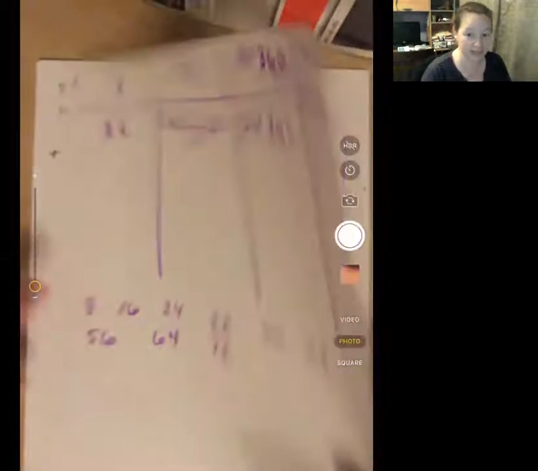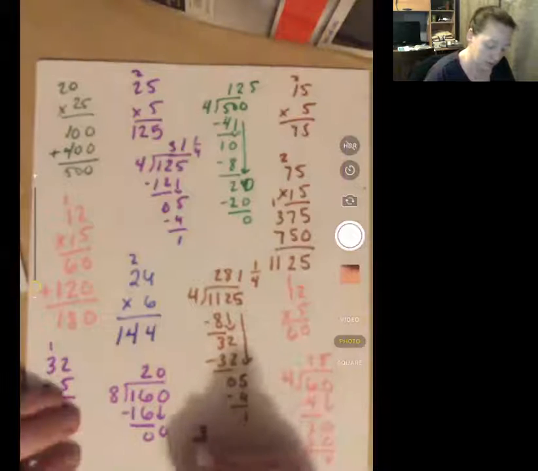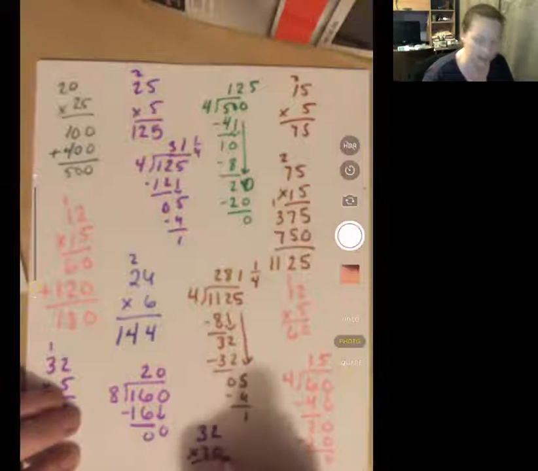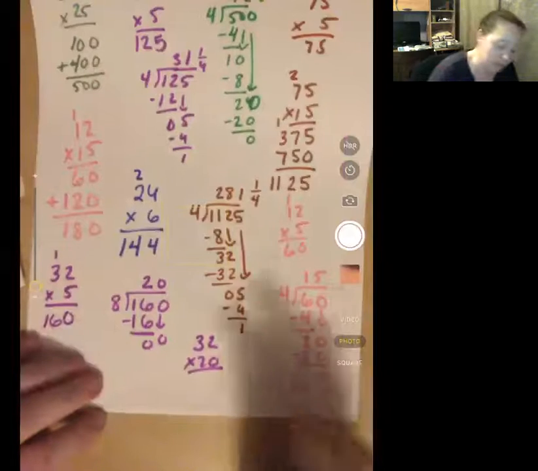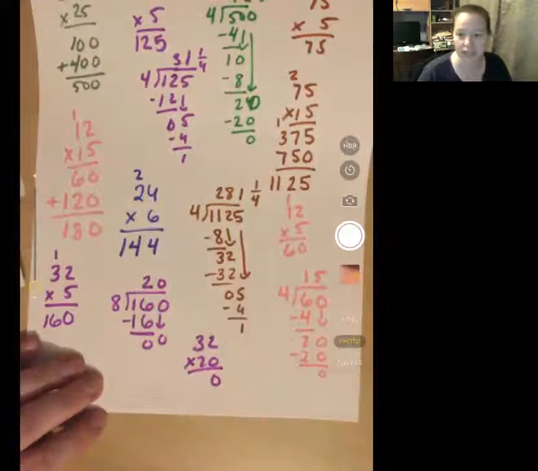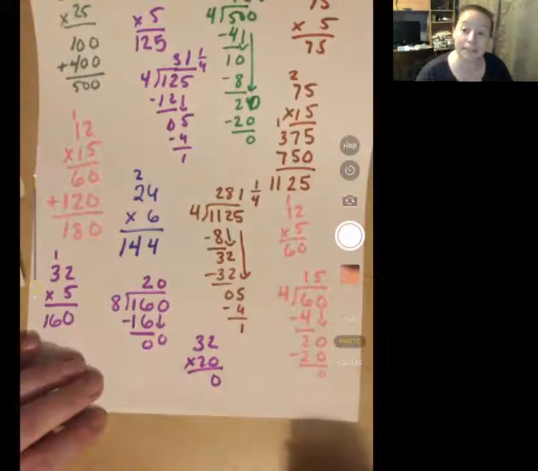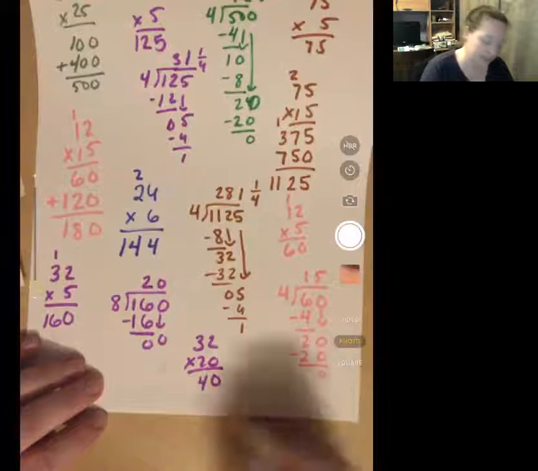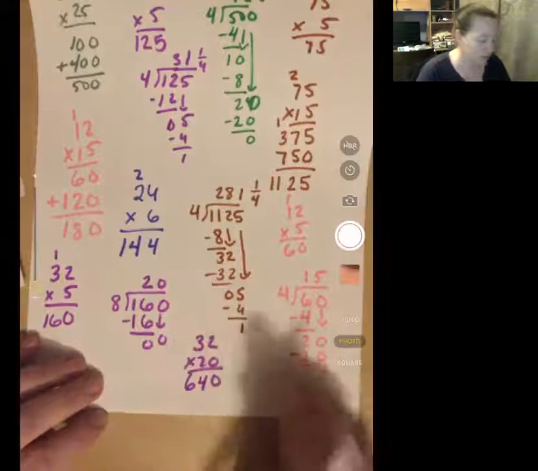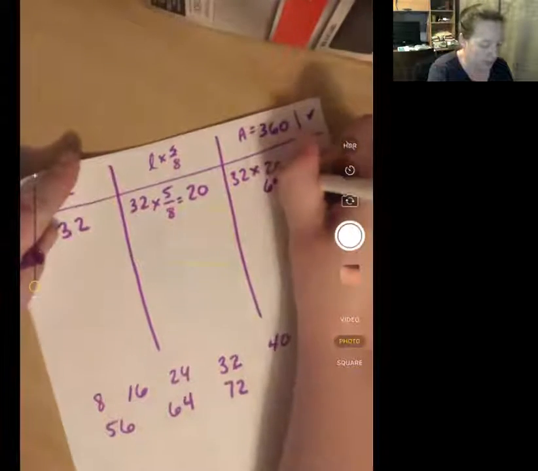Let's see what that is. 32 times 20. The 0 is just going to make everything a 0. So I'm simply going to put in the placeholder and move on to the second number. 2 times 2 is 4. 2 times 3 is 6. So that gives us 640.